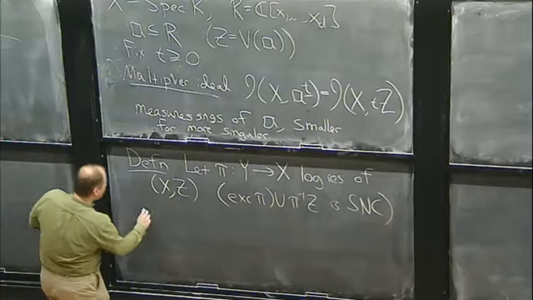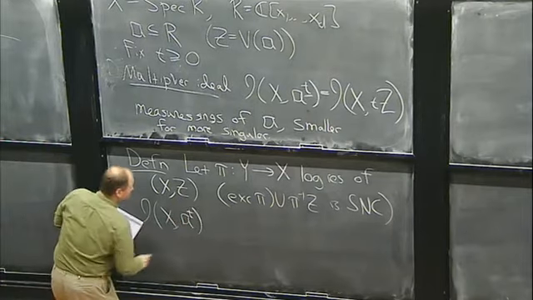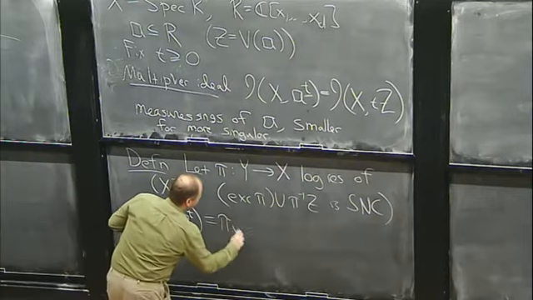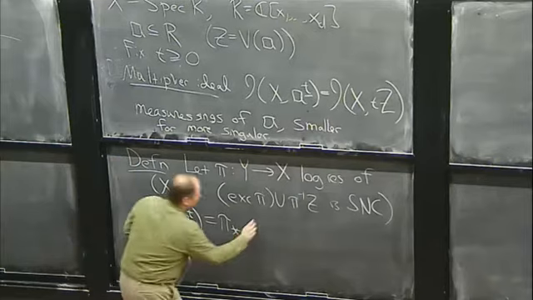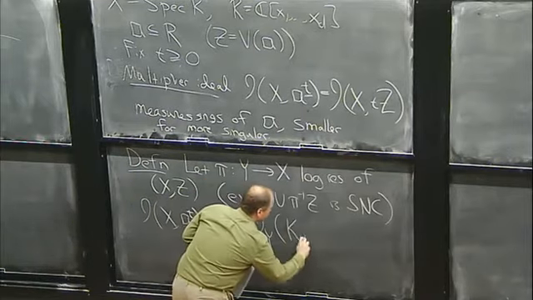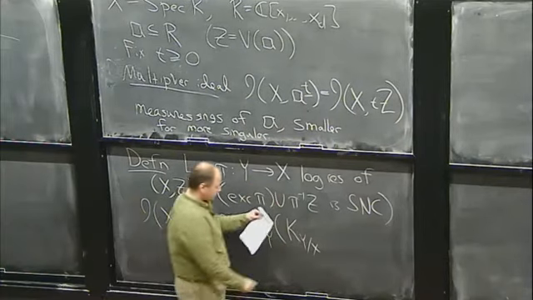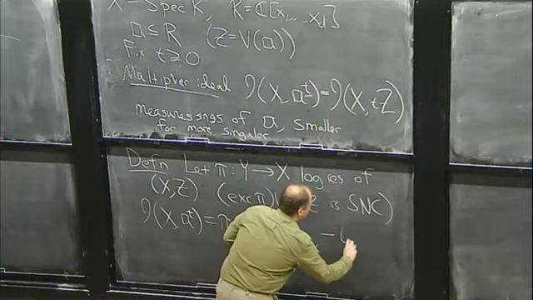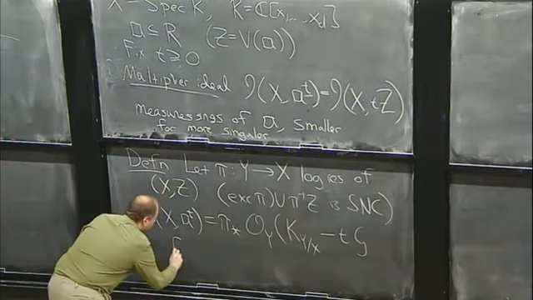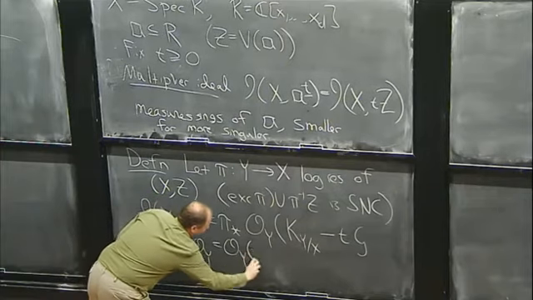And then what we define is this multiplier ideal of A to the t as pi lower star of O_Y, with the relative canonical divisor there, and I'm going to subtract off t times G, where A times O_Y is O_Y(-G).